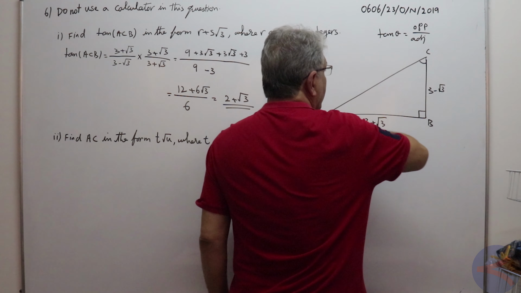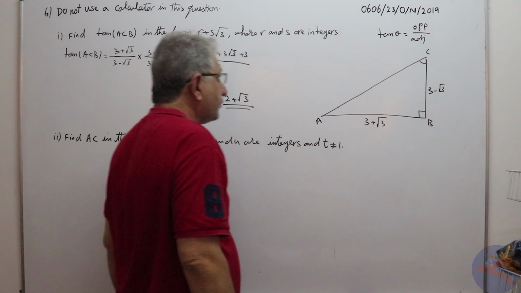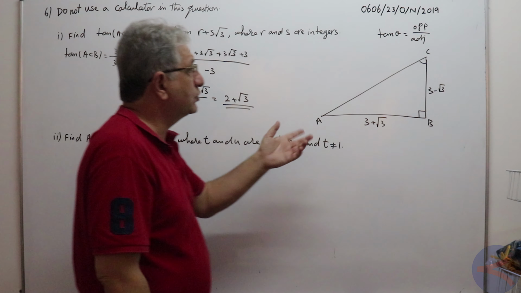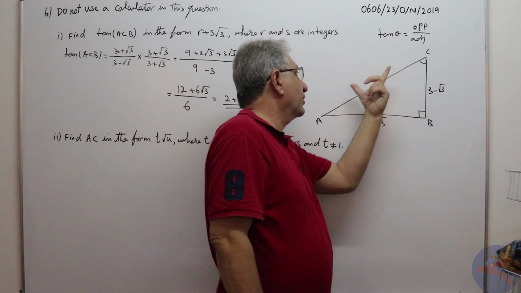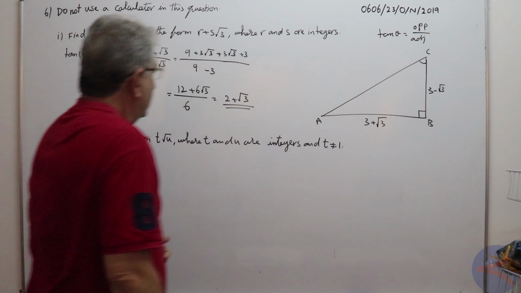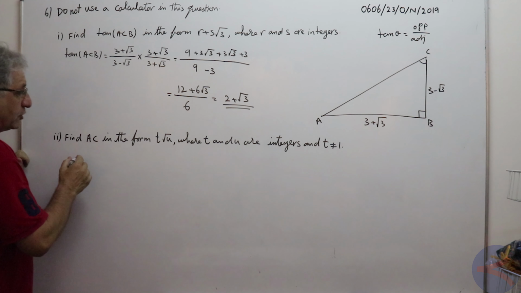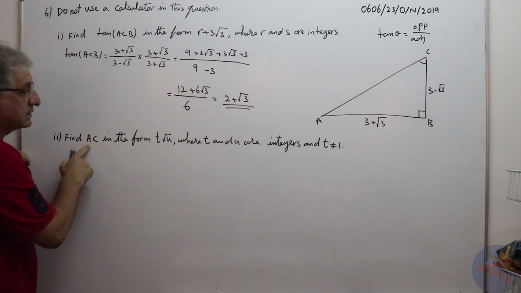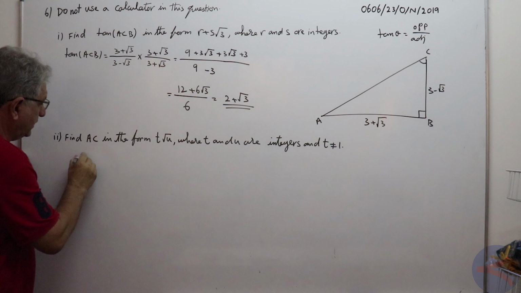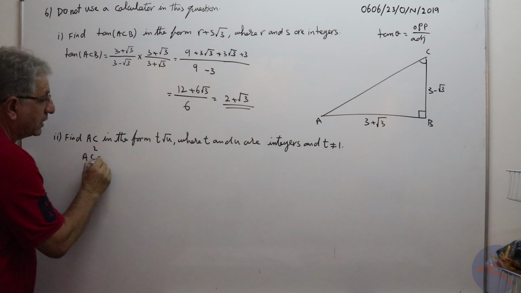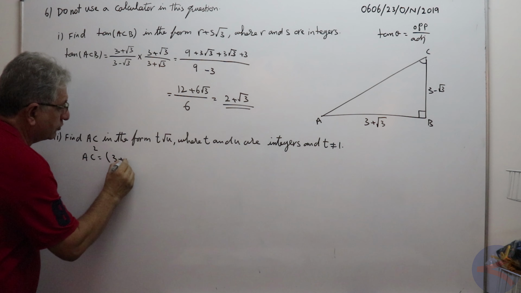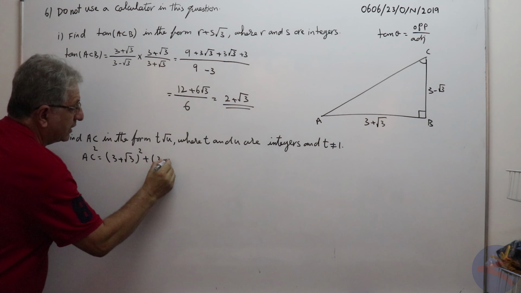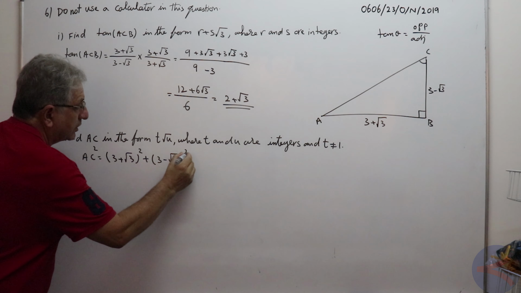You are supposed to find this length. Now, for this, I prefer to use Pythagoras theorem. To use Pythagoras theorem, we can say that AC square is equal to (3 plus the square root of 3) squared plus (3 minus the square root of 3) squared.